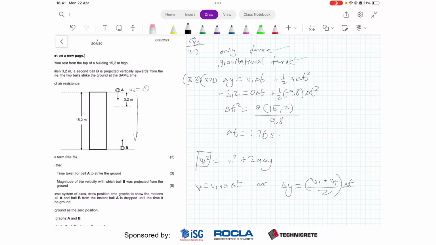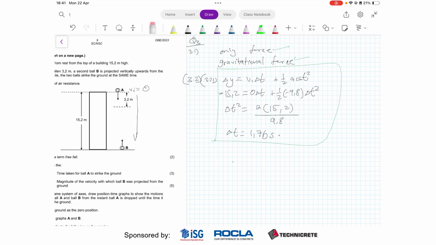You could also use conservation of mechanical energy to find the velocity, and then after finding the final velocity, you would plug into one of these equations of motion to find delta t. So when I say this is the easiest, most convenient one, believe me, it is.